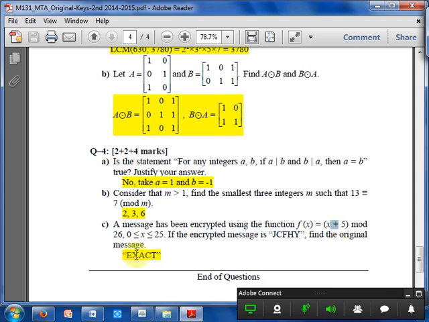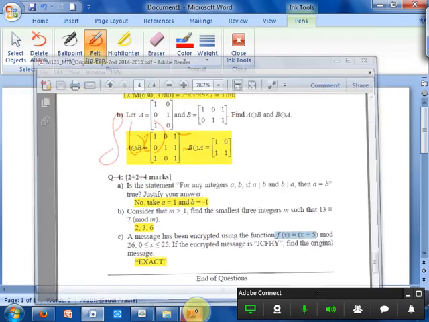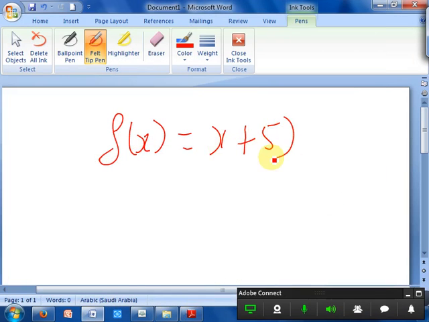If it is given original text, you go with the same. The given formula is f of x is equal to x plus 5 mod 26.